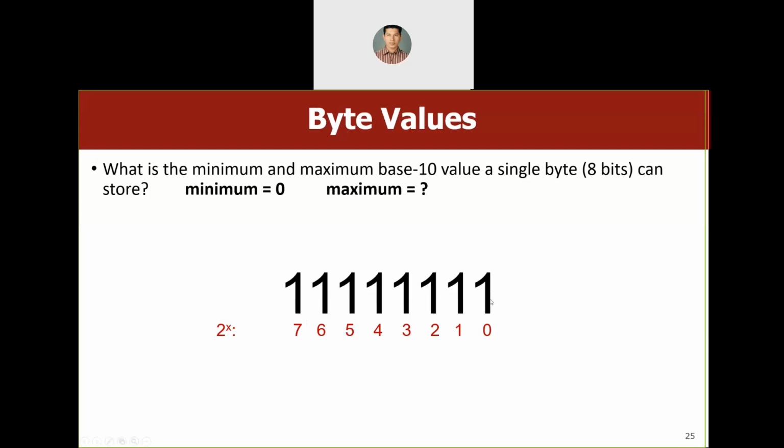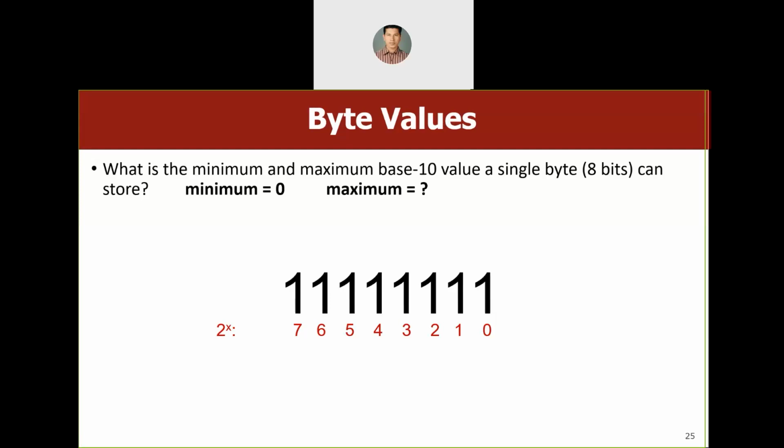Now if you take the example of a decimal number, and the width is say 3. If width is 3, then what is the minimum number in decimal? Anyone can mute themselves and answer. Zero.